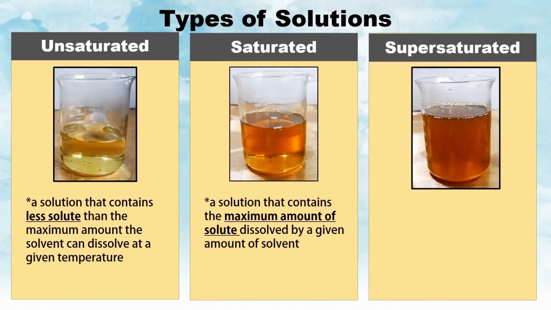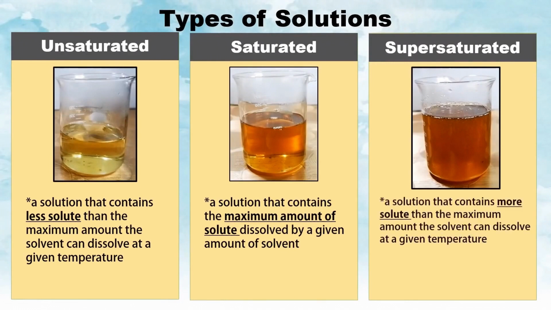The supersaturated is a solution that contains more solute than the maximum amount the solvent can dissolve at a given temperature. The color of unsaturated is a lighter color, while the saturated one is an intermediate color, between the unsaturated and the supersaturated, while the supersaturated one has a dark color, as you can see from the screen.